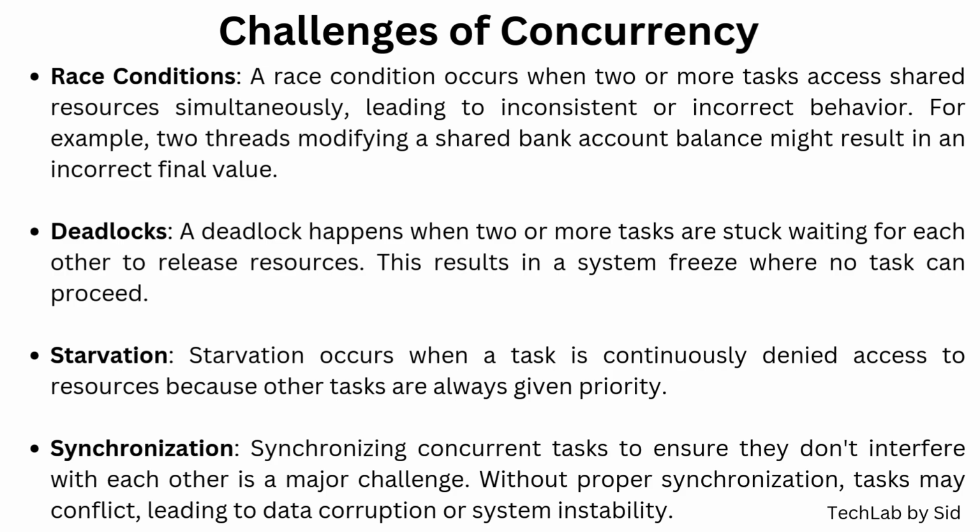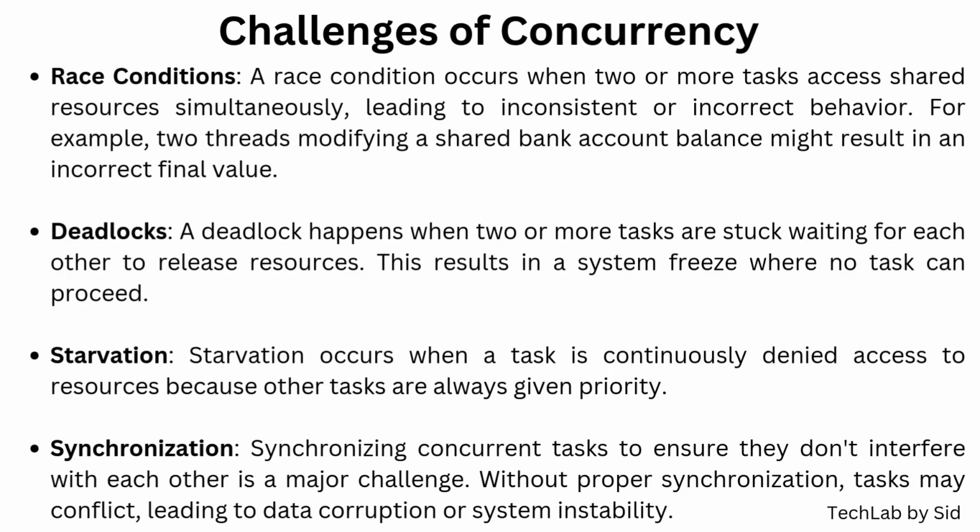For example, imagine two threads modifying a shared bank account balance at the same time. Without proper management, this could result in an incorrect final balance, as both threads might read and write to the balance in an unpredictable order, leading to errors.